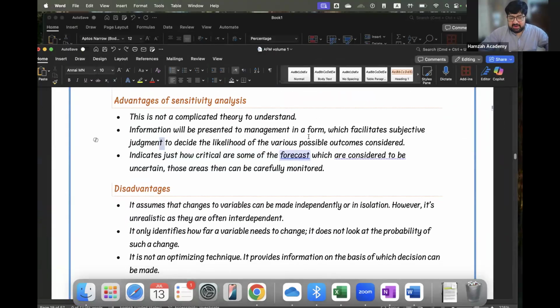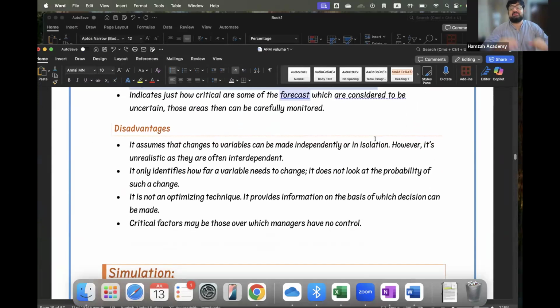And of course, management has to make judgment based on it and make decisions on how to deal with sales to prevent it from happening. But the disadvantage is that each variable is considered to be independent. One by one, we have taken each variable.